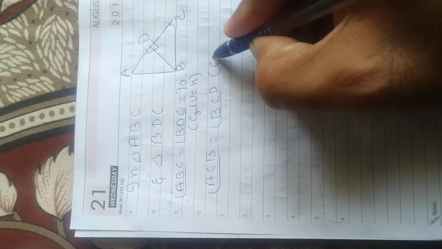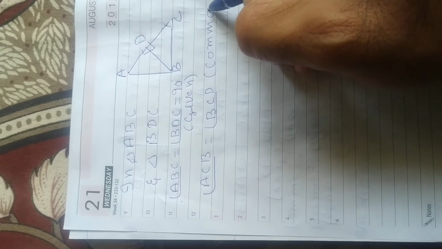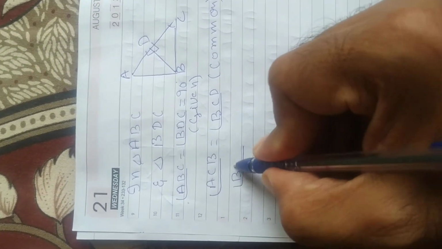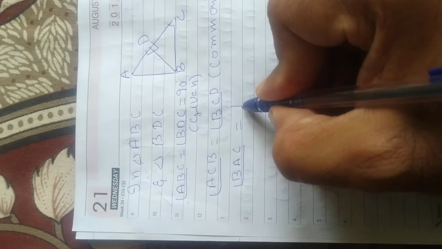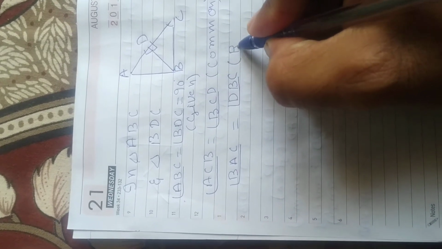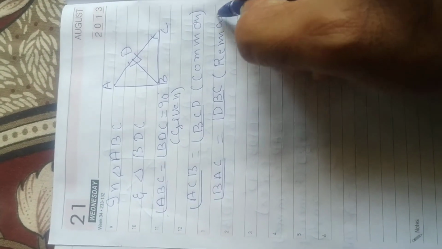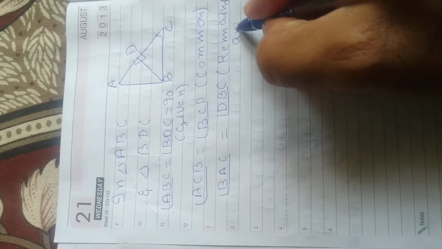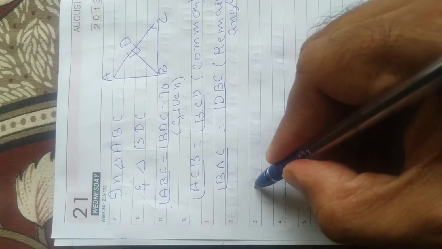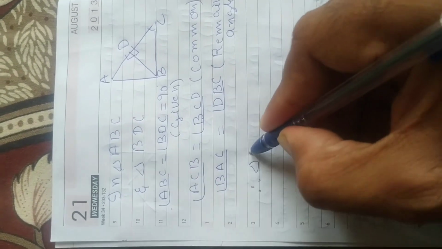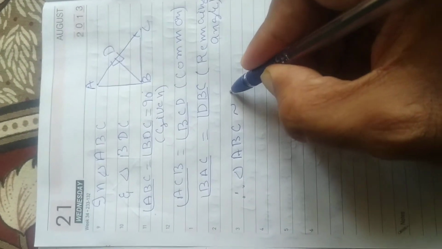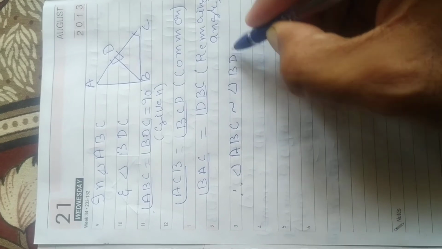This is the common angle. Then the third one: angle BAC is equal to angle DBC. This is the remaining angle. Therefore triangle ABC is similar to triangle BDC.